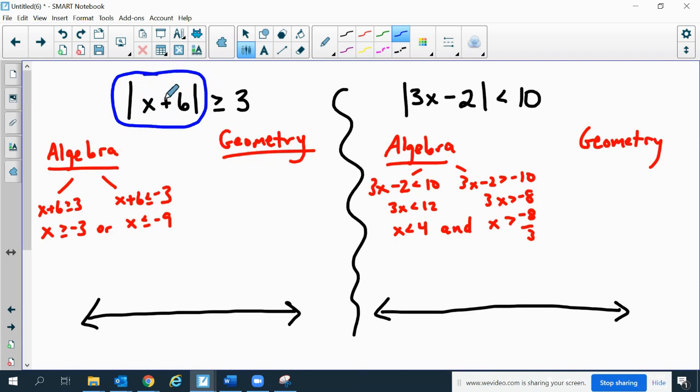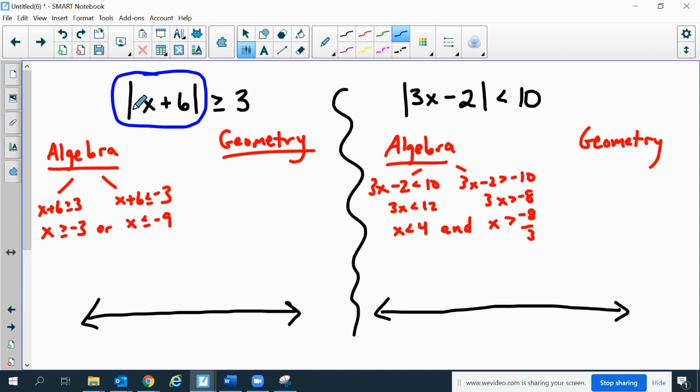So the absolute value means that we have some sort of distance that's being utilized or understood. And so what we're saying here is that some sort of distance must be greater than or equal to some sort of value. So this also represents a distance. So the distance away from something must be greater than or equal to something else.